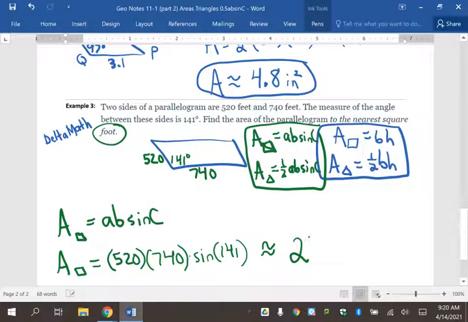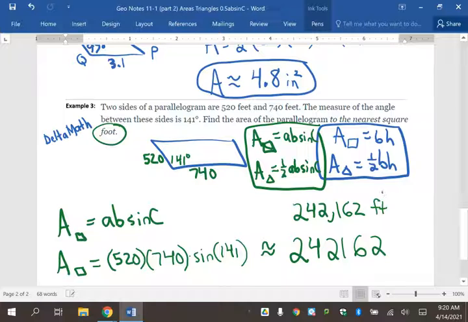It'll just be 242,162. So what is that number? In Delta Math, you can just write it like that without even a comma. But normally we would put 242,162, and that's square feet. But in Delta Math, you can just type it as is without a comma.